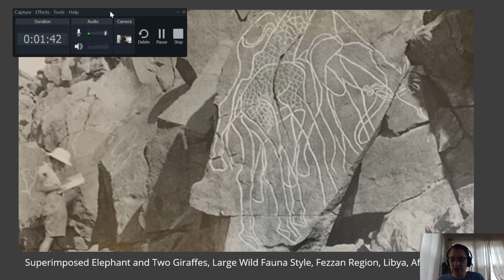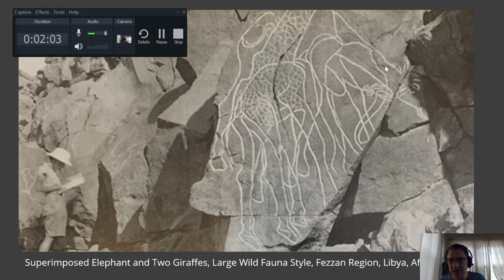If you look at the notes, the head of this giraffe, I think, is better shown. But we have this very large body of a giraffe, and we have another giraffe over here with its neck bent. This is really hard because it's overlapping.